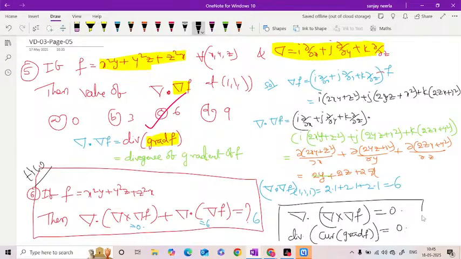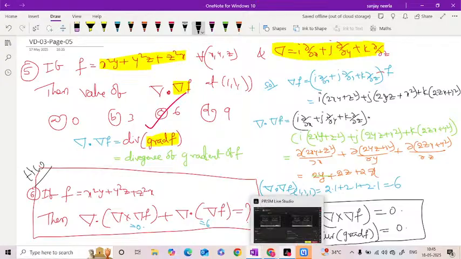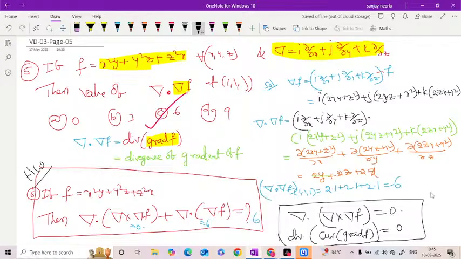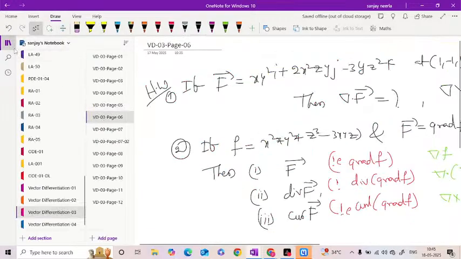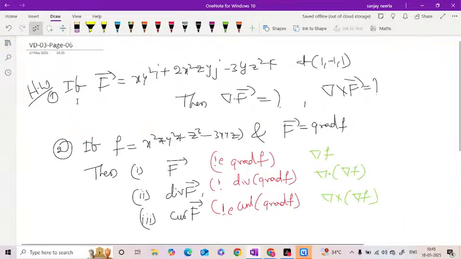So this is one of the statements. Now the next one, I think I have given homework to you. Two problems. The first problem is just find del dot f and del cross f, that means the divergence of f and the curl of f.